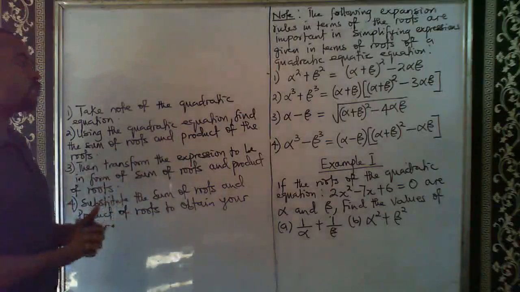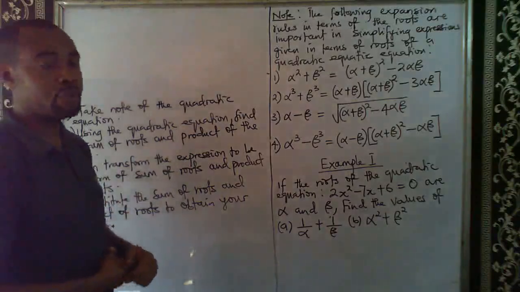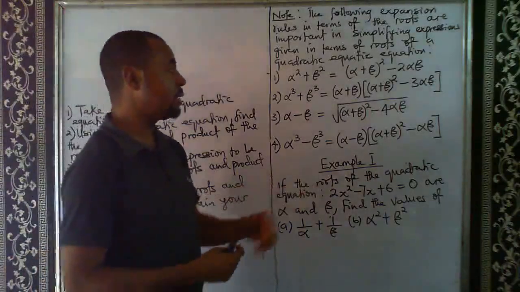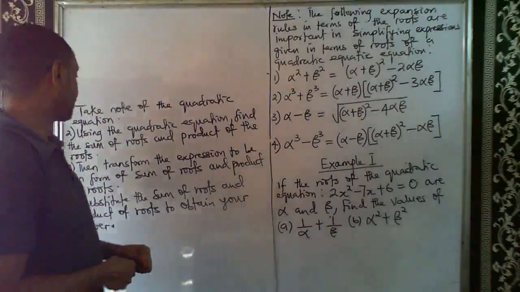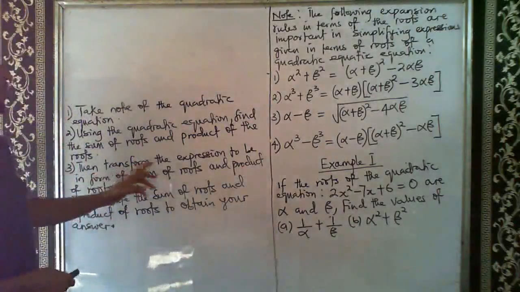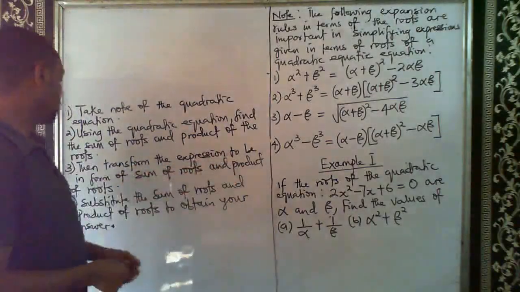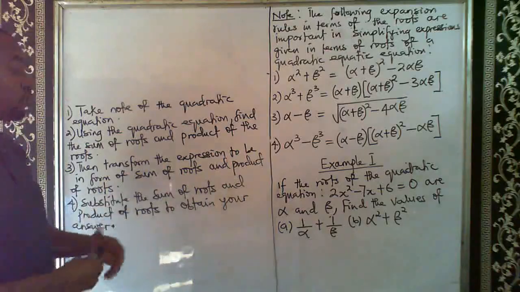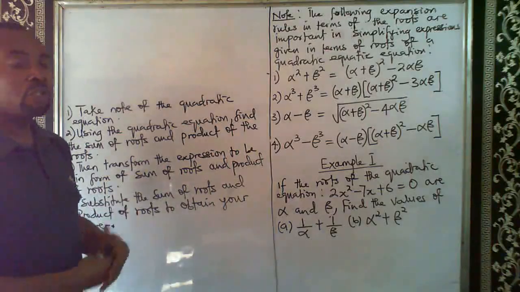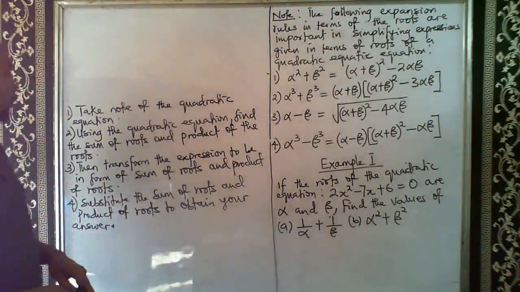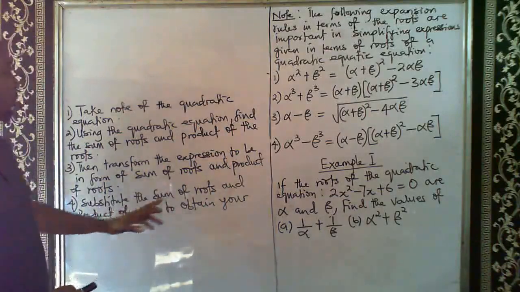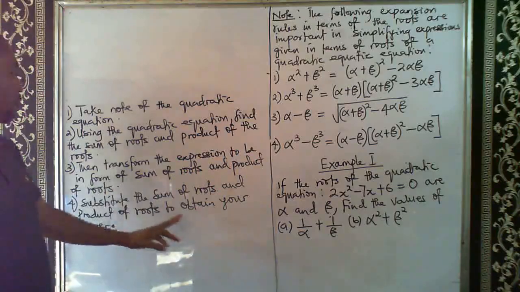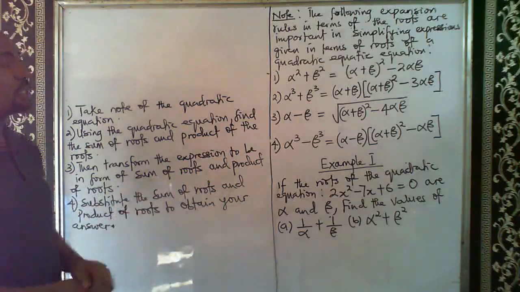We're going to apply these steps to this question now. Then transform the expression to be in form of sum of roots and product of roots. Substitute the sum of roots and product of roots to obtain your answer.